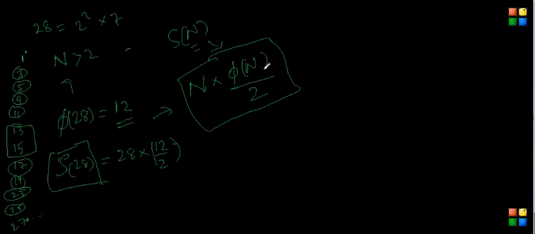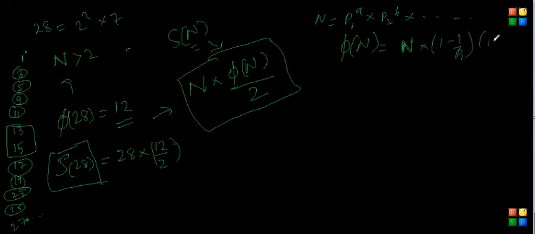Euler's number basically was derived, the formula for phi of n was derived by Euler, and it was represented by, if we say that n is, let's take the previous example, p1 to the power a into p2 to the power b, and so on and so forth. Phi of n can be given as n, the original n, into 1 minus 1 by p1, into 1 minus 1 by p2, and so on and so forth.